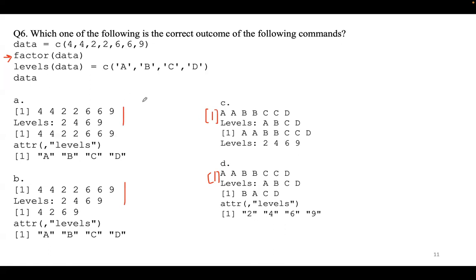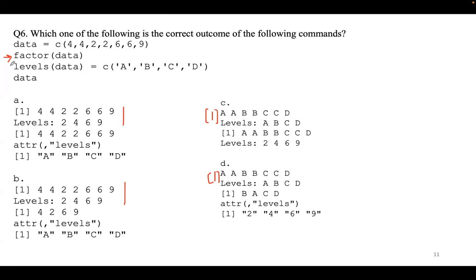You're just assigning levels to it. So now what it's going to be is something like this: the levels, the first one 4, that becomes A, the next one 2, that becomes B, the next one 6, that becomes C, and the last one 9, that becomes D.